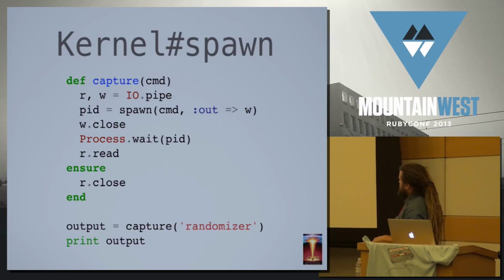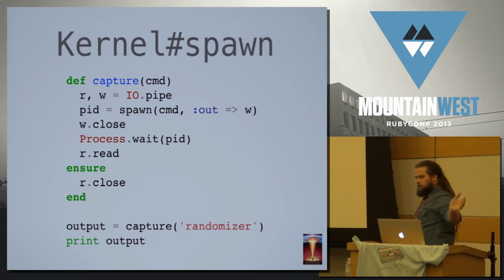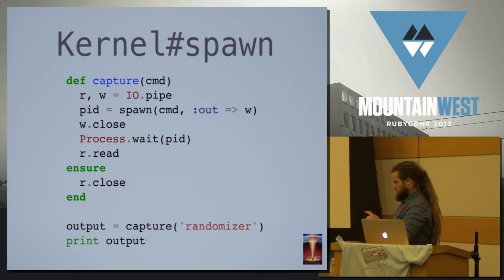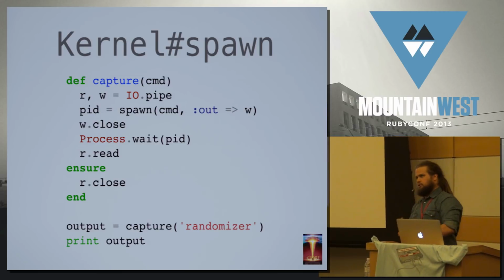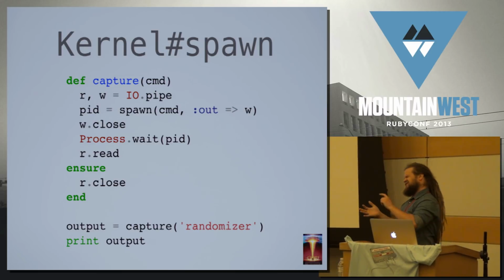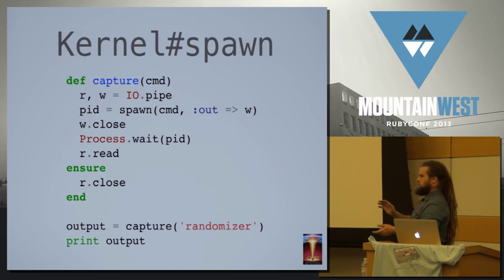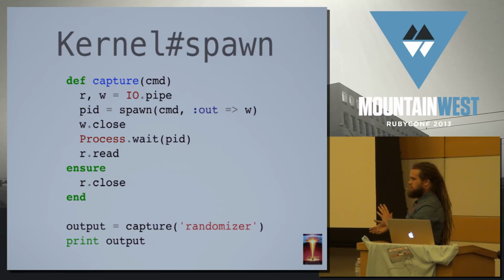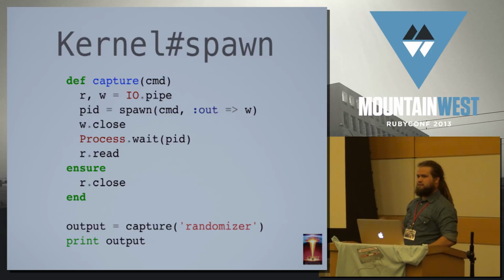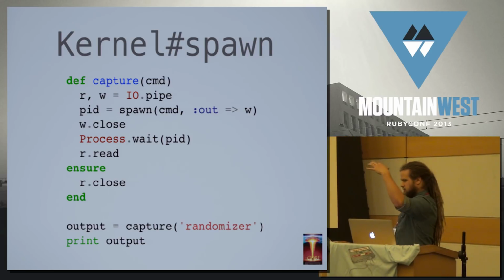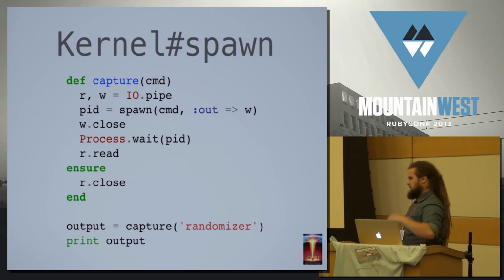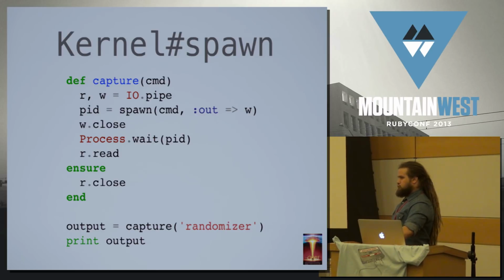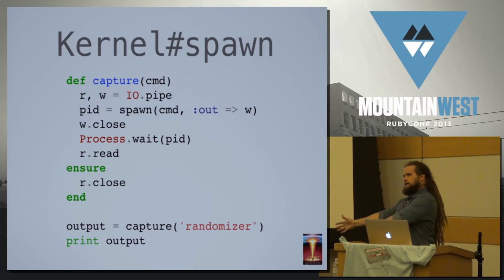The spawn method in there takes a command and some other arguments, which include where standard out goes, where standard error goes, standard in, environment variables, umask, directory to exec in. It has a whole bunch of stuff, and the docs for this method are fantastic. It just gives you a big blob of what we accept. So pretty much anything you'd want to do with execing some external process, you can do it with spawn.